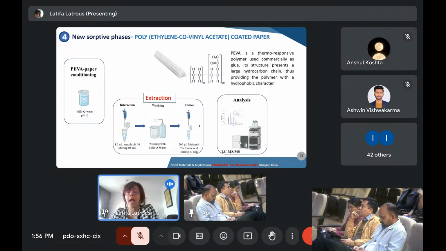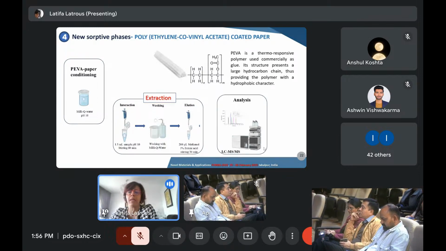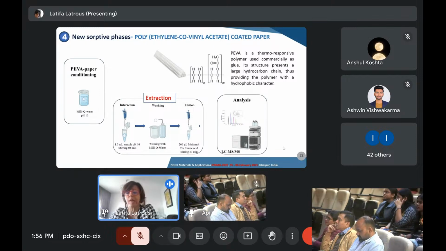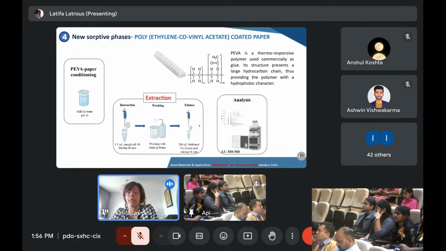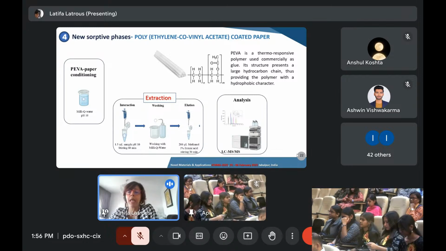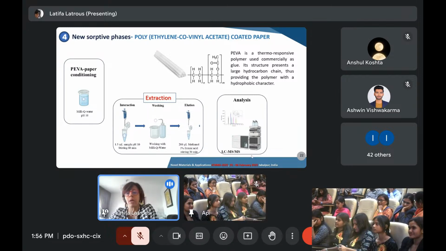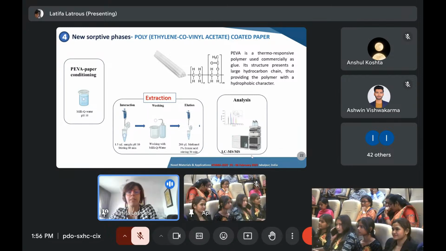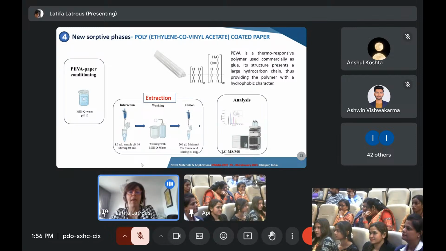After extraction, the paper containing the analytes is rinsed with pure water to reduce urine-related interferences and dried at room temperature. Finally, the analytes are eluted using an eluent, subsequently analyzed also by LC-MS and LC-MS/MS.